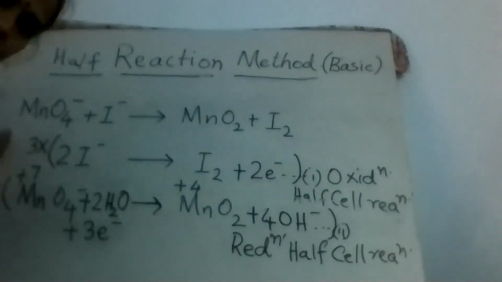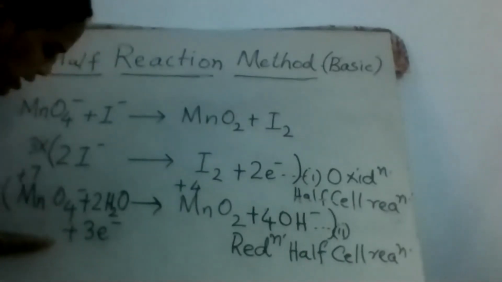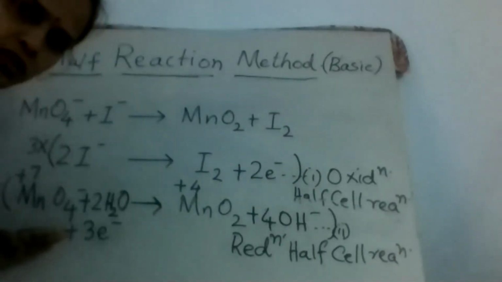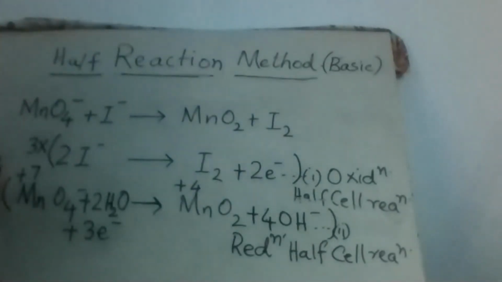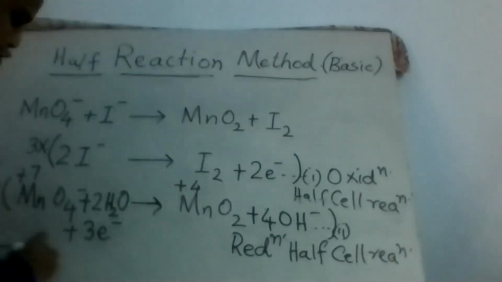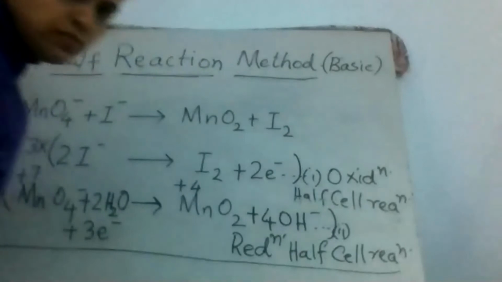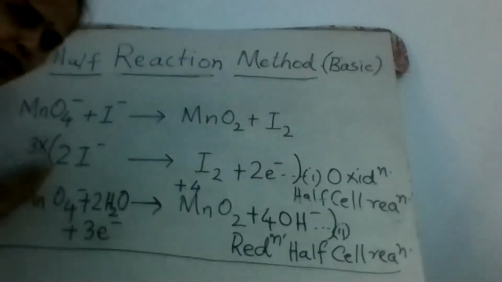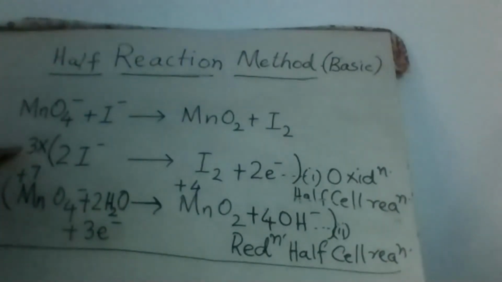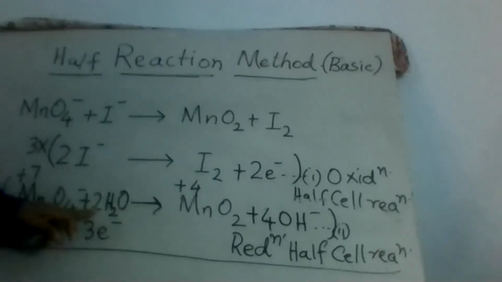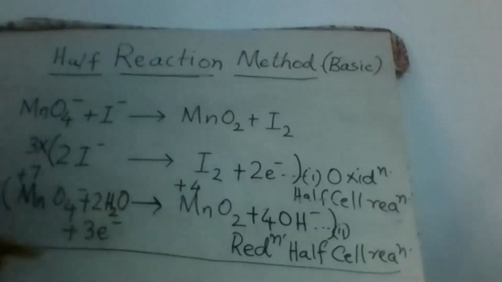And we'll add these two equations together. So we get 6I minus plus 2MnO4 minus plus 4H2O gives 3I2 plus 2MnO2 plus 8OH minus.